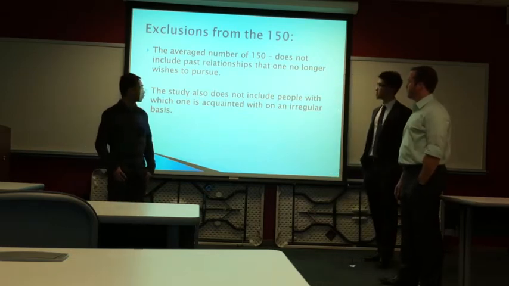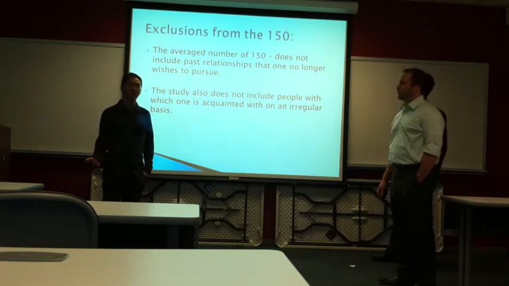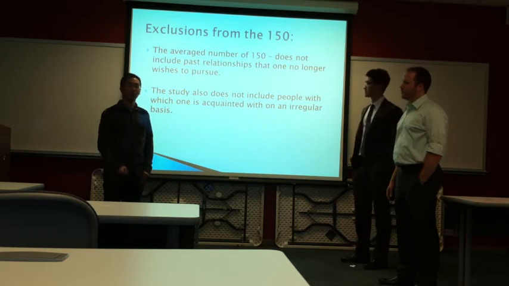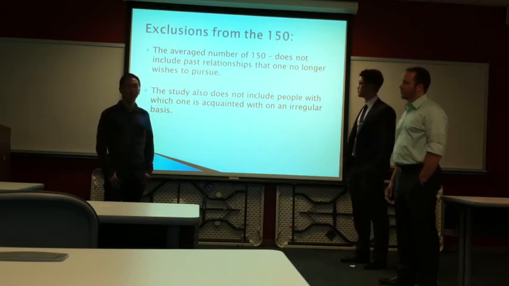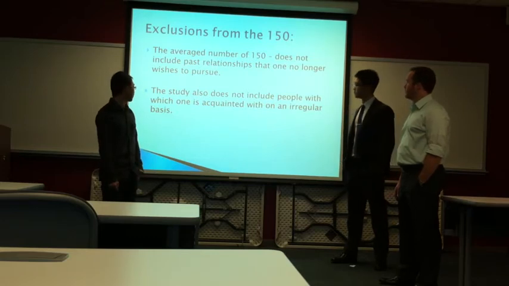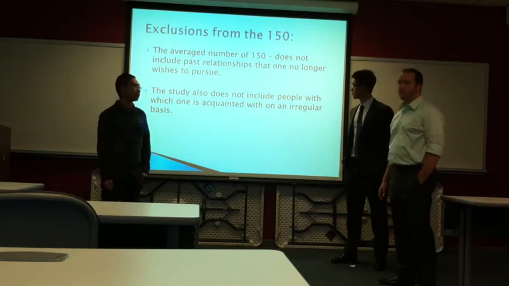The second exception is, for example, when you go to the airport and you nod to the other person, but you do not talk to them. This is an example of an irregular acquaintance.